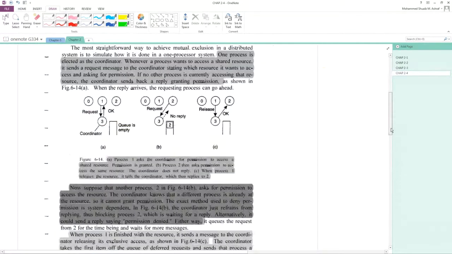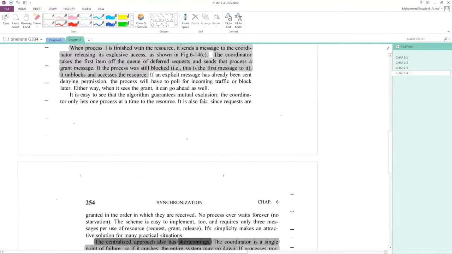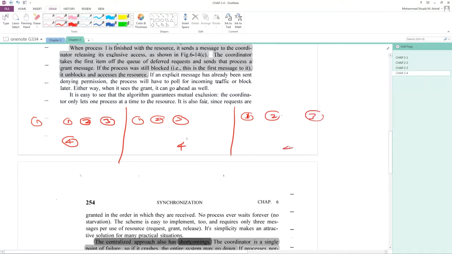Okay, let's say there is process number 1, process number 2, process number 3, and process number 4. This is diagram 1, diagram 2, diagram 3. Understand? Maybe a numerical question on this. Understand this problem? Okay, Mohammed.